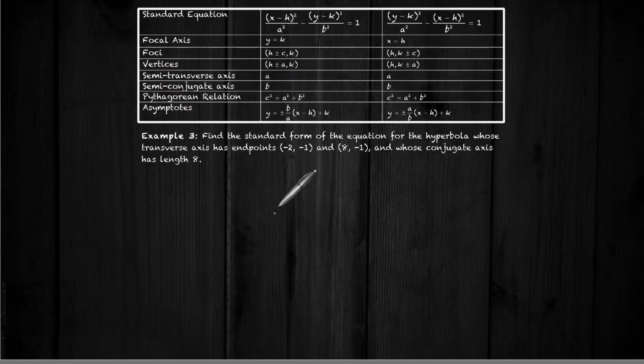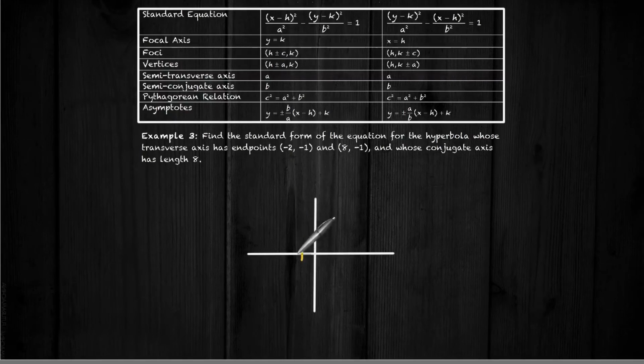Okay, in this third example, we are given the endpoints of the transverse axis. So that is another way of basically saying that they've given us the vertices, because at the end of each transverse axis is located a vertex. So we're going to draw our x and y axis again, and now we are going to locate and put our points on there.